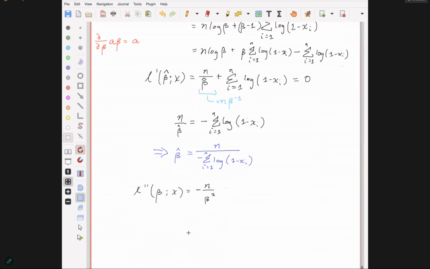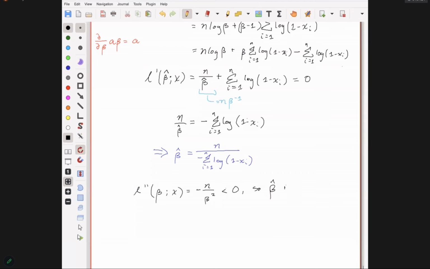Well, we haven't checked the second derivative yet. All we need to know for the second derivative is that it's less than 0, so that then we have a maximum. Here we've got n, which is positive, divided by beta squared, that has to be positive. We're multiplying by negative, so this is less than 0.